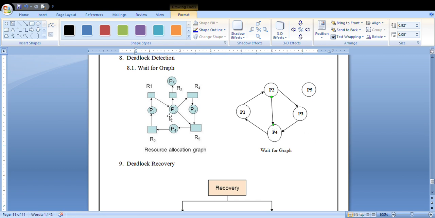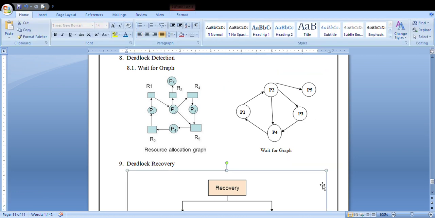Next, once it is done, now you can see this. From P2 process, it is requesting for R3 resource, which is allocated for your P5 process. So from P2 process, you are requesting for the resource allocated for your P5 process.